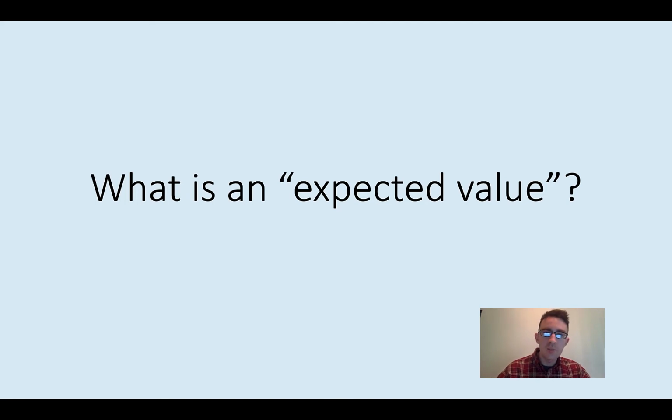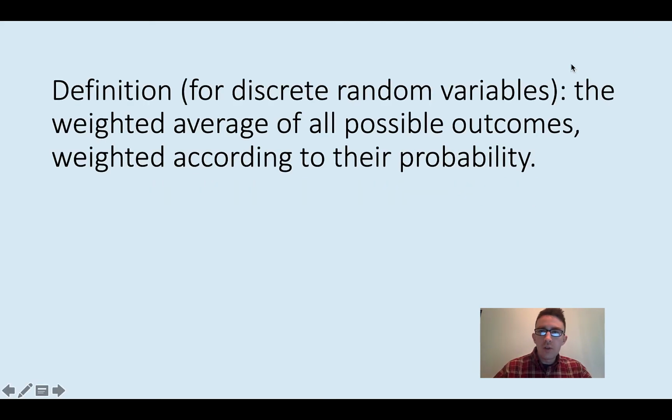So what is an expected value? The definition for a discrete random variable is the weighted average of all possible outcomes of the random variable, weighted according to their probability. The way you calculate it for a continuous random variable is different, but here I'm going to talk about discrete random variables because I'm trying to make this easy to understand from first principles.